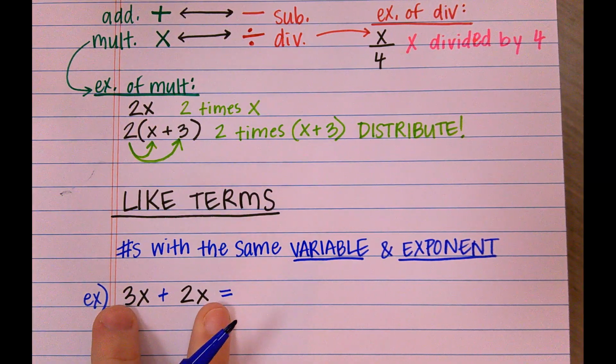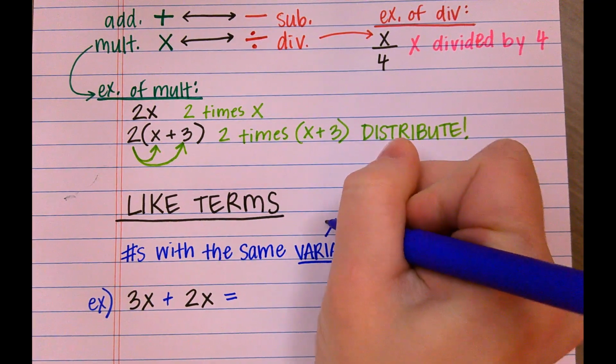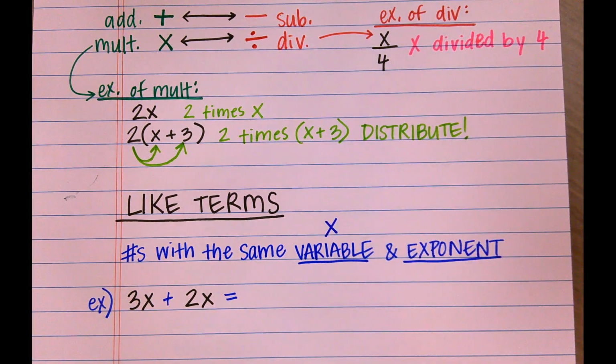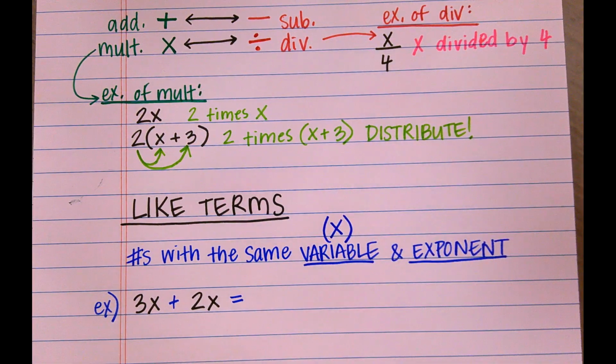They can be different. What has to be the same is the variable, meaning the letter, like x. So they all have to have x. If I had negative 3 plus 2x and there was no x on the negative 3, I could not combine that.